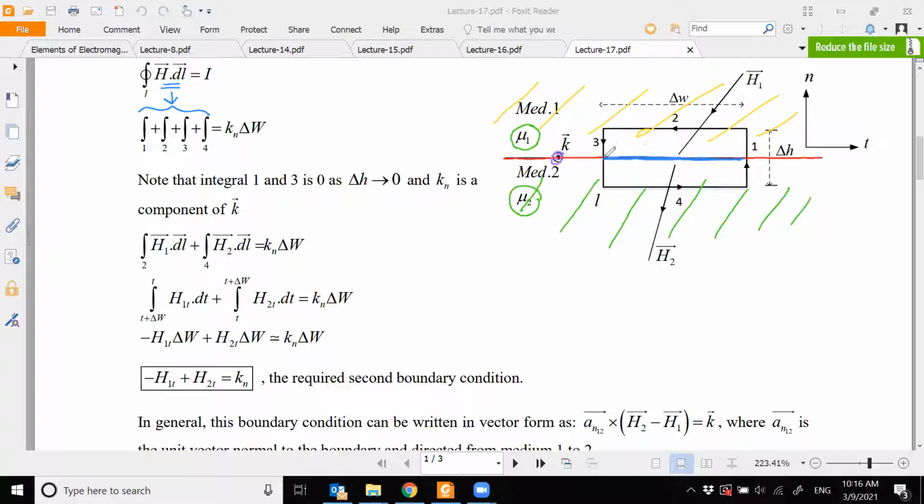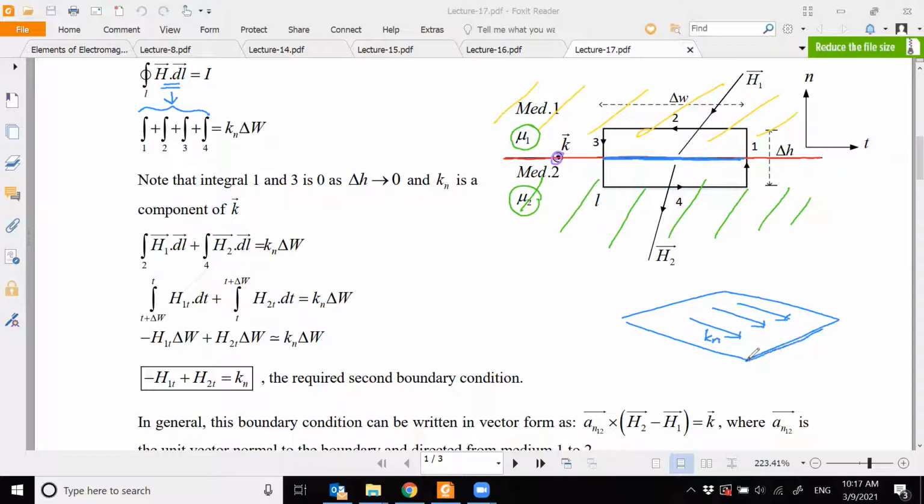Go back to our sheet, which is carrying a current I, if you remember I showed you. It is a sheet, and if this sheet is carrying some current K, but this is the component of K, then how do you find the current?